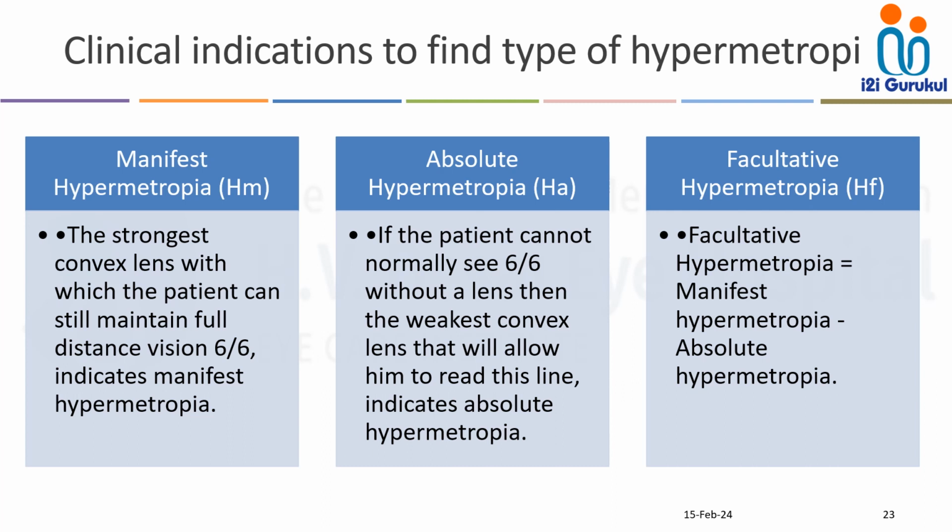If the patient cannot normally see 6/6 without a lens, then the weakest convex lens that will allow him to read this line indicates the absolute hypermetropia. The third one is facultative hypermetropia, which, as I mentioned, is the manifest hypermetropia minus the absolute hypermetropia. So these are the clinical indications to find out the type of hypermetropia.